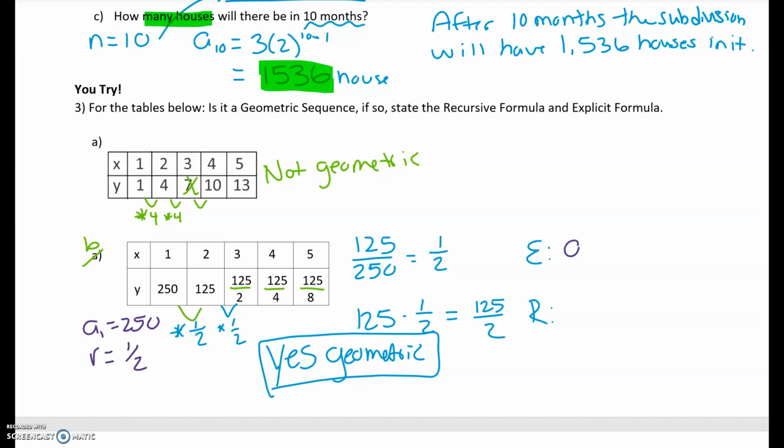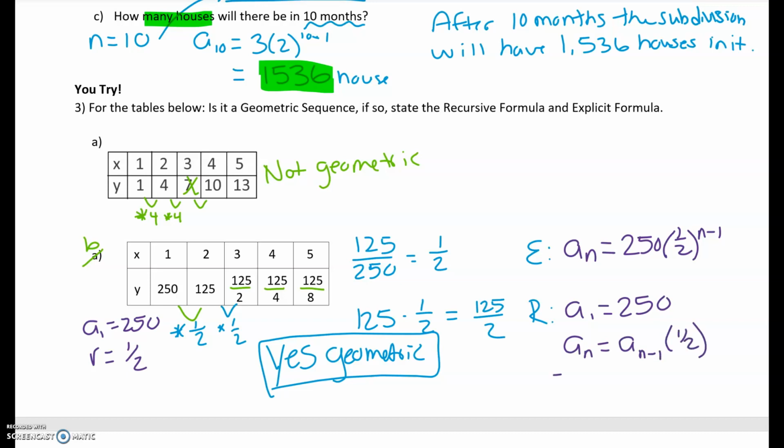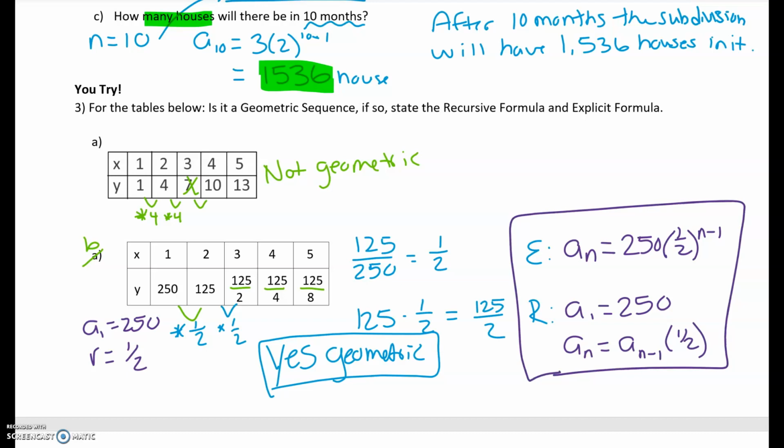So my explicit would say a sub n equals 250 times 1/2 raised to the n minus 1. Your recursive, you should have two different pieces. You should have the first term stated, and then you should have the a sub n equals a sub n minus 1 times 1/2. Okay, so those are the two pieces you needed to do on that one.